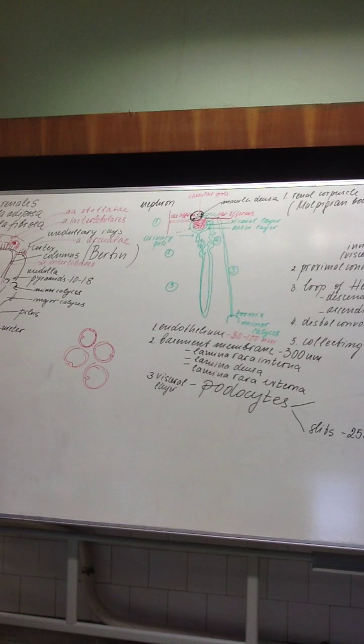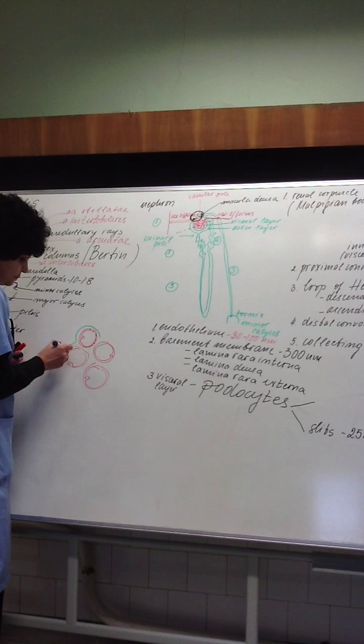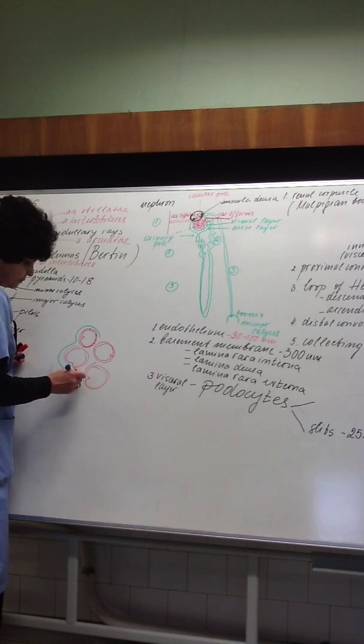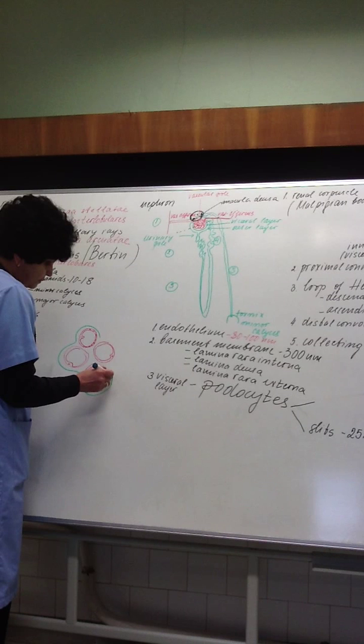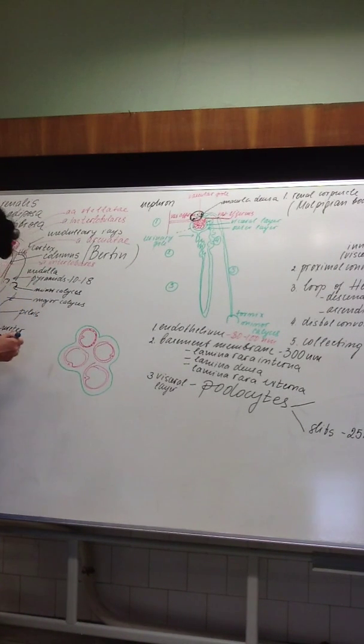The next component is the basement membrane. And the third are podocytes.